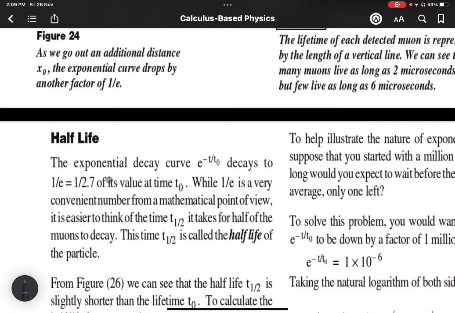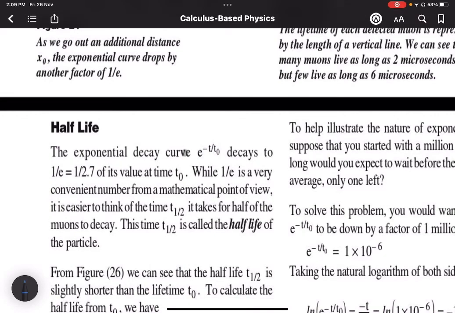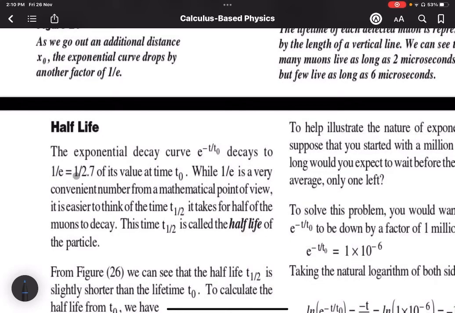Ano naman yung half-life? The exponential decay curve, lifetime decays. Lifetime kasi to, yung T0, lifetime yon. 1 over E equals 1 over 2.7 of its value at time t0.